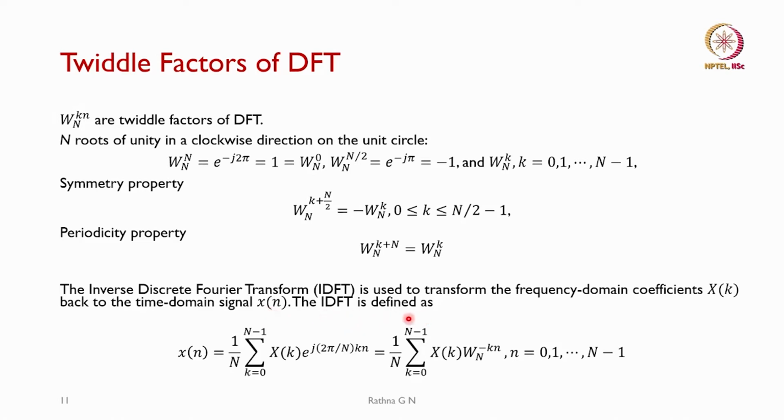The IDFT is defined with this equation: x of n is equal to 1 by N, summation k equal to 0 to N minus 1, X of k into e power j 2 pi by N into k n. If we represent it with the twiddle factor, it will be 1 by N into summation k equal to 0 to N minus 1, X of k into W N minus k n, and in this case n will be varying between 0 to N minus 1.